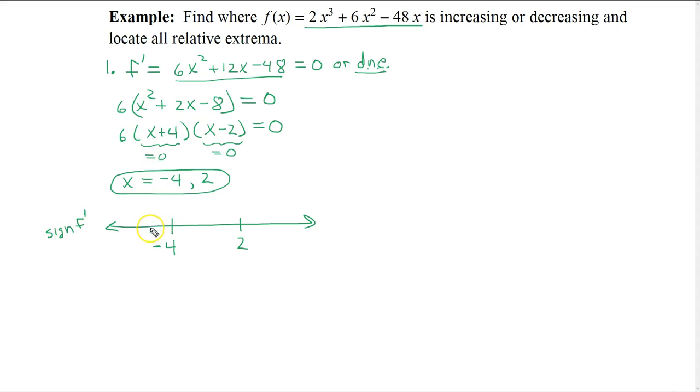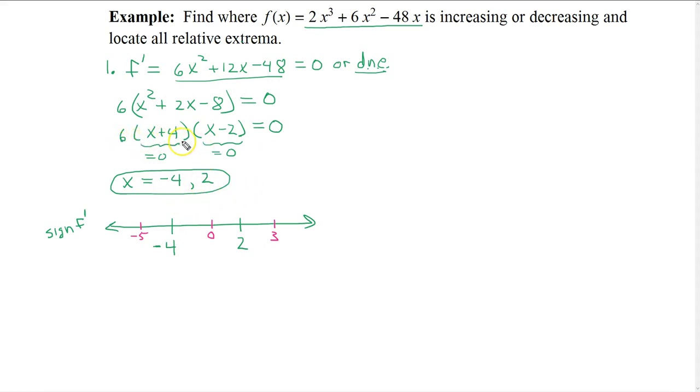And then we just have to pick some test values in each interval. For example, -5 we could choose to the left of -4, 0, and 3. And now what we're going to do is put these numbers into our derivative and see which are positive and which are negative.